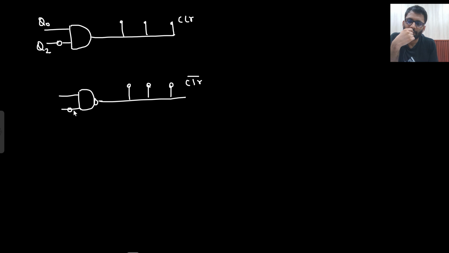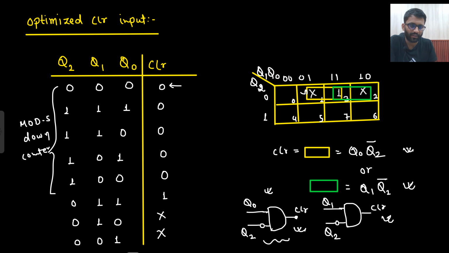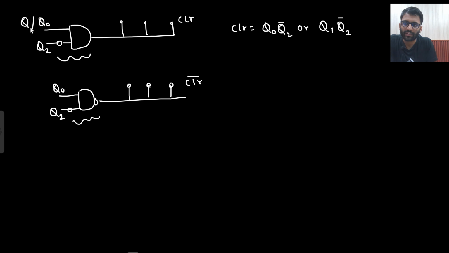Okay. Q0, Q2. Therefore, if you are using this gate here, then here you can use this gate. So that would be the answer for clear. So the answer for clear is Q0, Q2 bar or Q1, Q2 bar. Right, Q1, Q2 bar. So here you can apply Q1 as well, and here you can apply Q1 as well.